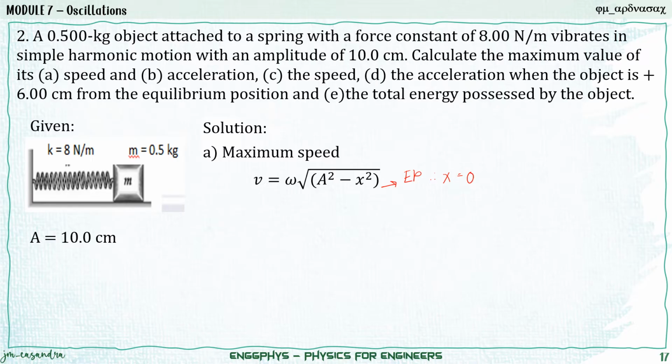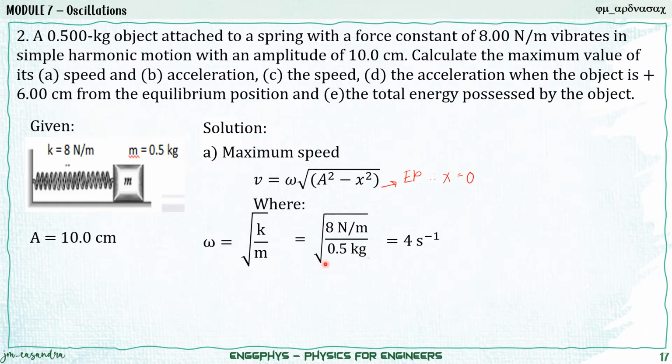Before substituting, we have to solve first for omega. Omega is equal to the square root of K over M. We're given K, we're given M. So omega is equal to the square root of 8 over 0.5, which gives us a value of 4 per second, or 4 radians per second.